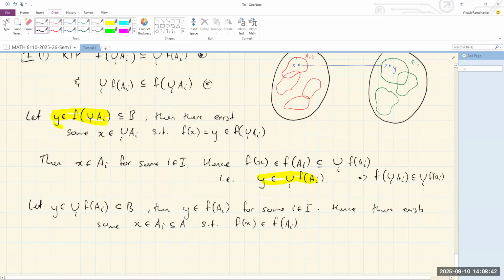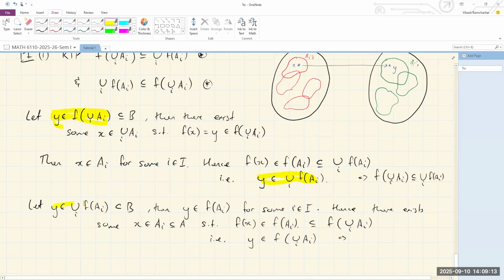So now notice that f of Ai is a subset of f of the union of Ai, right? Because Ai is one of the sets in this union. That is, what is f of x? y. So that means y belongs to f of this union. Which means, again, what did we show there?